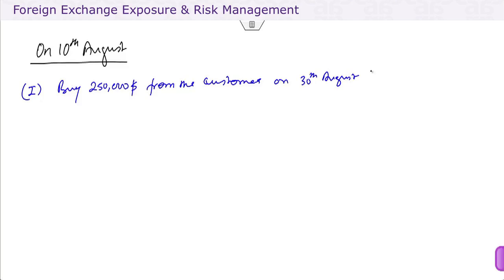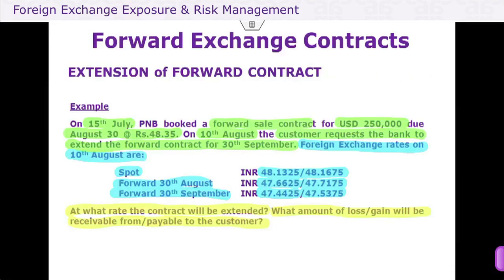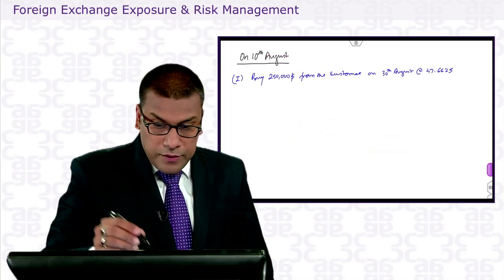Okay, on 30th of August at your agreed price of 47.6625. In this case 47.6625 is the rate which is forward of 30th of August. Okay, so that would be the one.